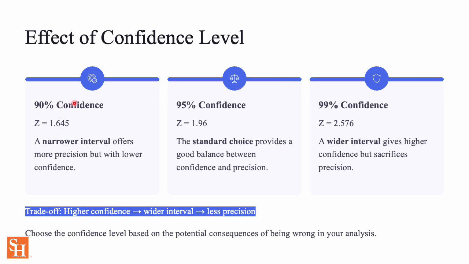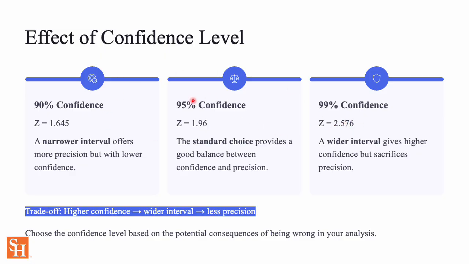So those are some of the confidence levels that we commonly use and their corresponding critical values. We often use a 90% confidence interval, and in that case the critical value is 1.645, and for a 95% confidence interval the critical value is 1.96, and for a 99% confidence interval the critical value is 2.576, right?